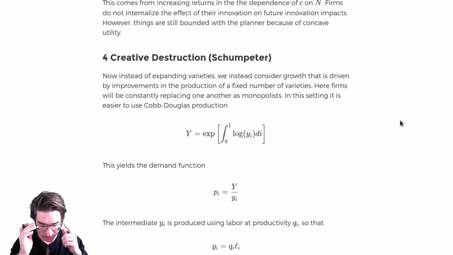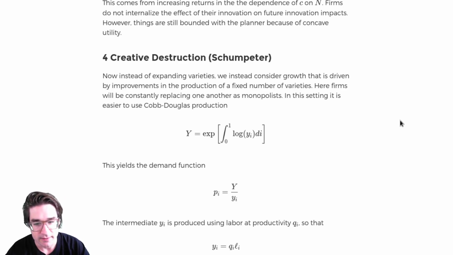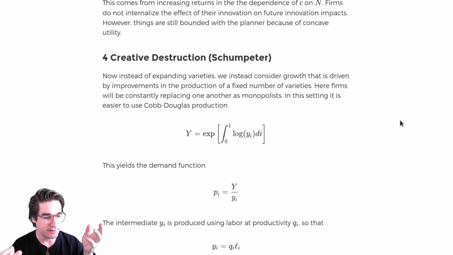I'll give it less of a treatment because we'll essentially know it by the time we get to it. You combine all of your different intermediates, and then at the end you combine that aggregated intermediate with labor, and then you produce output. It produces a very linear solution, and that's good, but the way the production function is set up never really made sense to me.